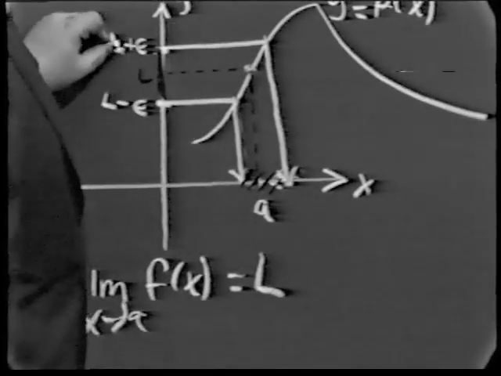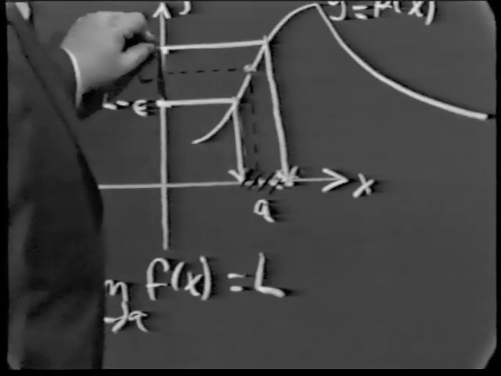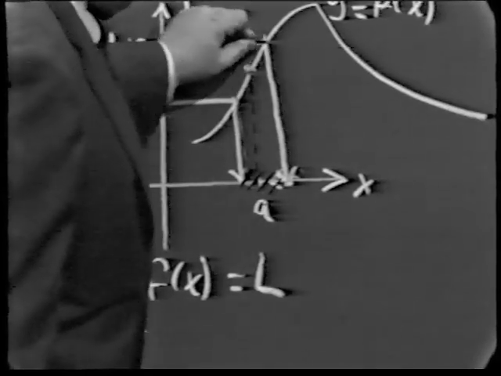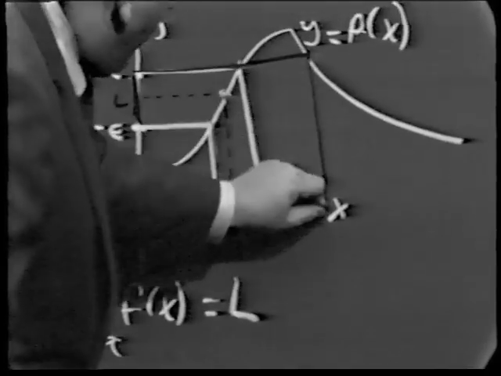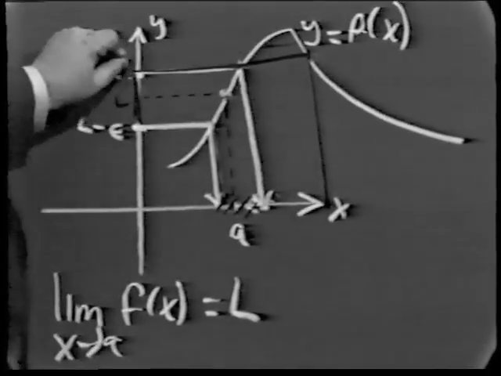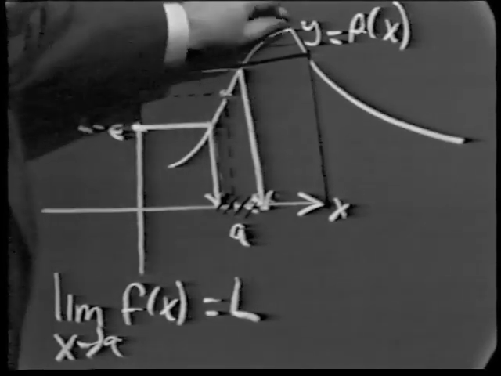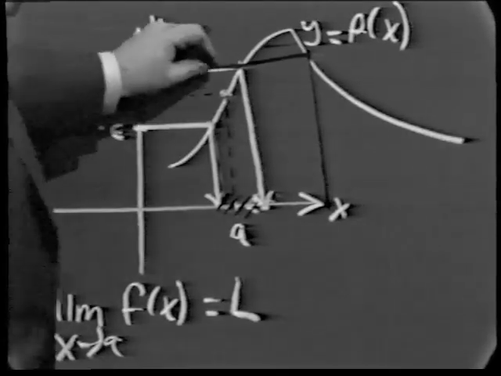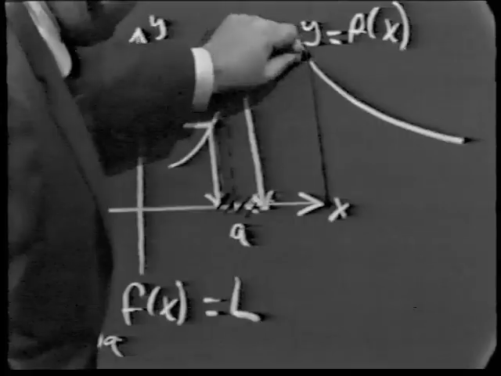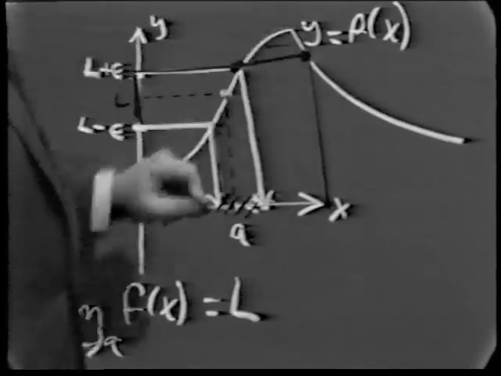Notice then, when you try to project over to the curve from L plus epsilon, you don't know whether to stop at this point or at this point. You see, in other words, notice that there is another point down here which has the same L plus epsilon value. In other words, whenever our function is not one-to-one, there is going to be a problem when we work analytically of being able to solve algebraic equations and trying to distinguish this point of intersection from this point.